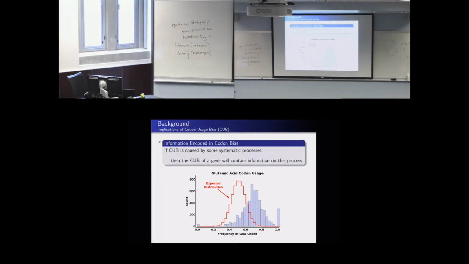All right? Okay, so the idea is that if this deviation from uniform usage is being caused by some kind of process, we can build different models and fit them to see how those models are consistent with this deviation, and what parameters are consistent.